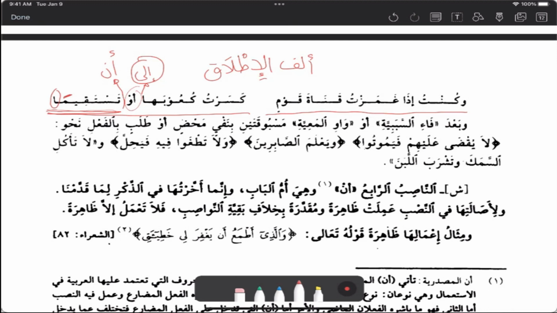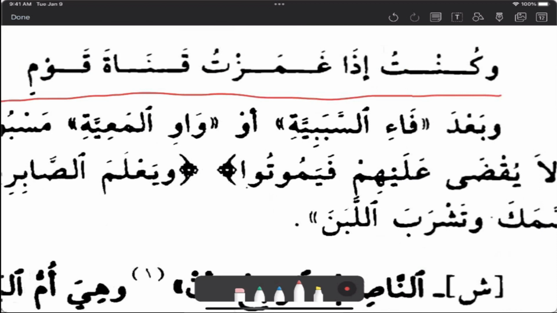وَبَعْدَ فَاءِ السَّبَبِيَّةِ, and also you're going to keep the N hidden after the consequential fa.